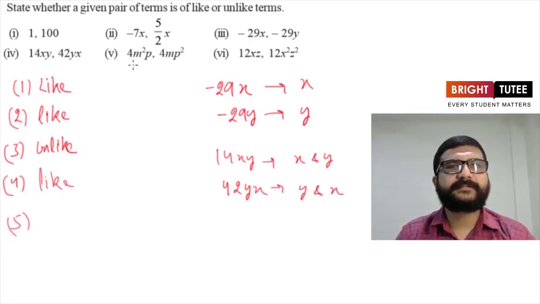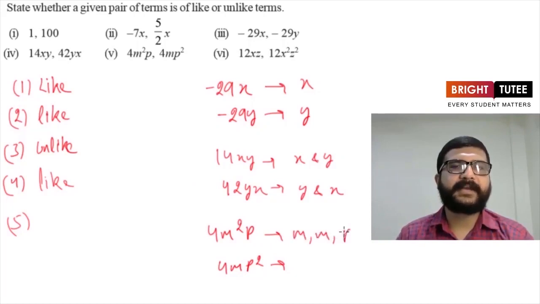Now the next part of the question, it is 4m square p, the first term 4m square p and the second term is 4m p square. Now here what do you think about algebraic factors? For the first one it is m, and p, and for the second one it is m, p and p.